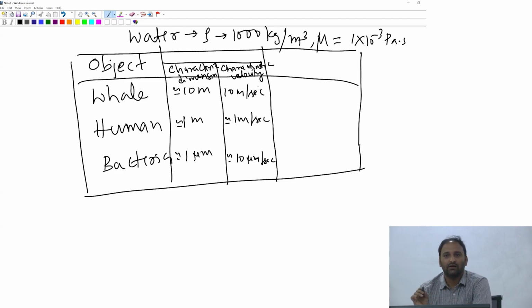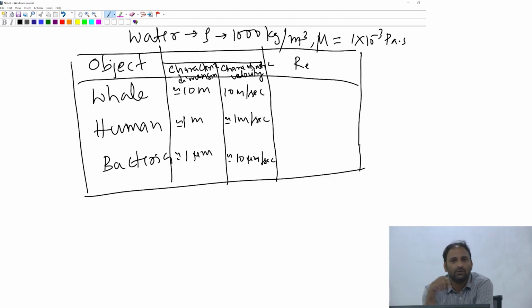That's the typical. Now I want you to calculate the Reynolds number that is associated with the motion of these objects in water. That's the question. So how do we go about doing it? Can you just plug in all these numbers?